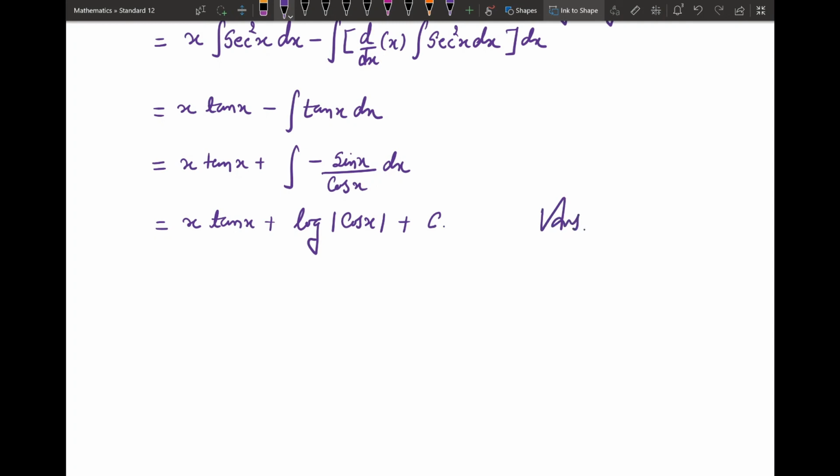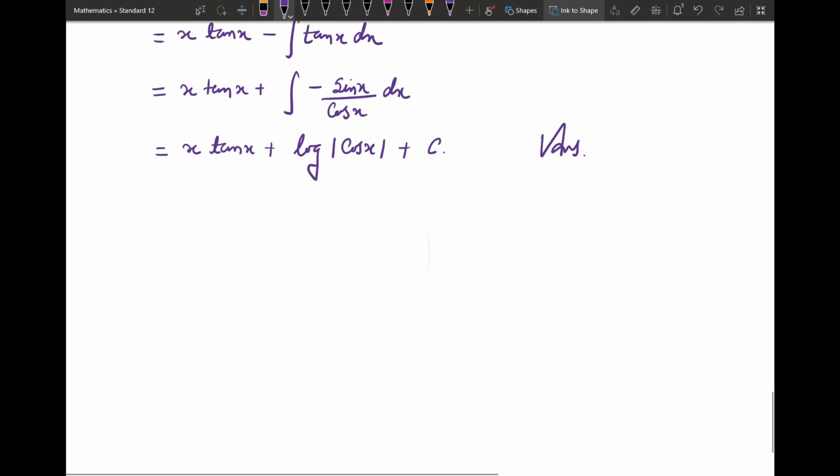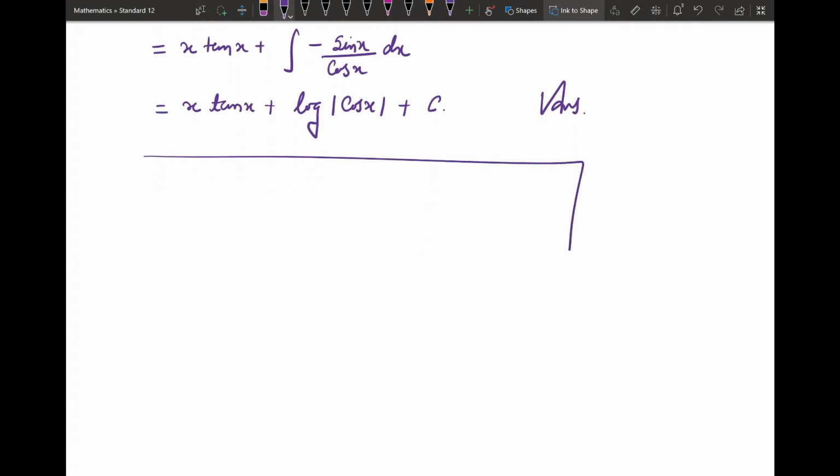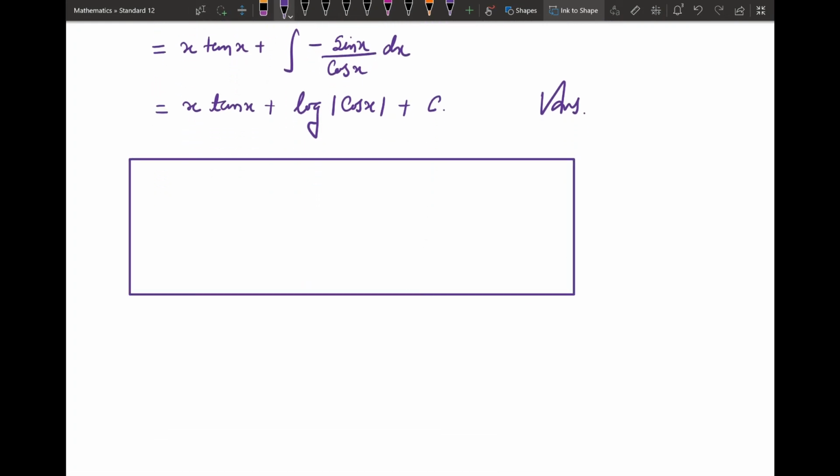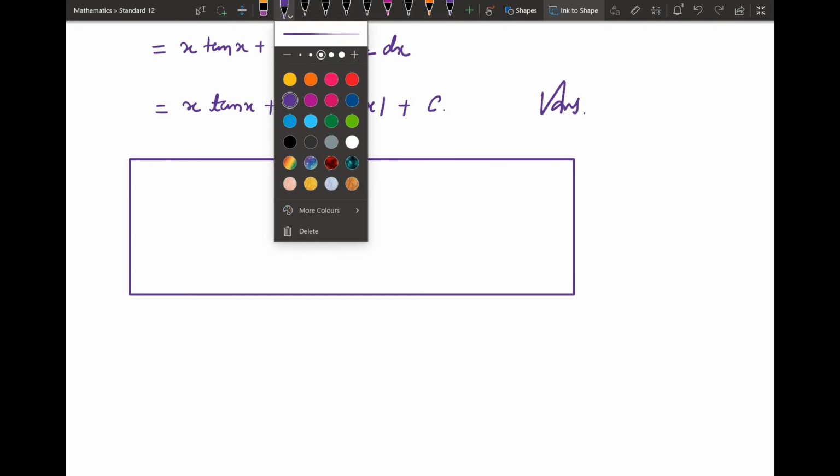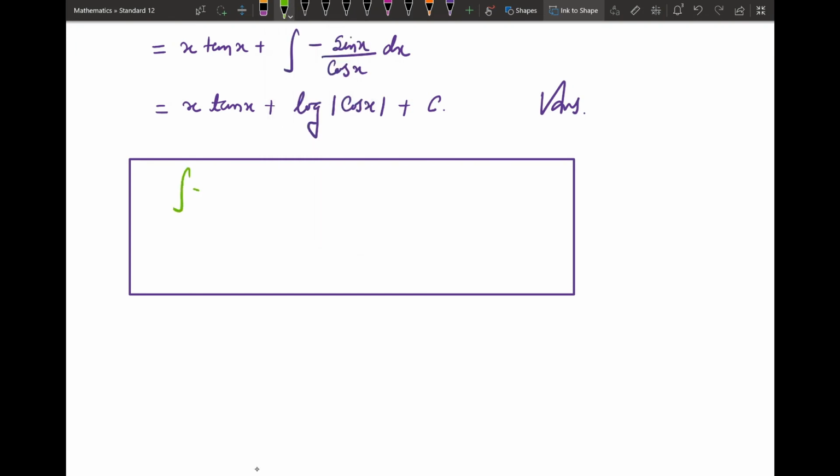Now you note one formula, so in future we can use it: integration e raised to x into bracket f of x plus f prime x dx.